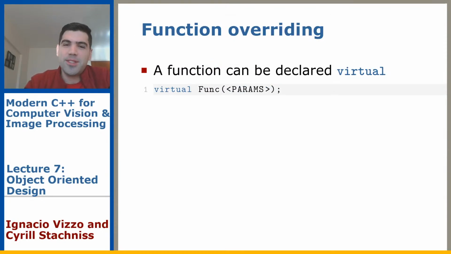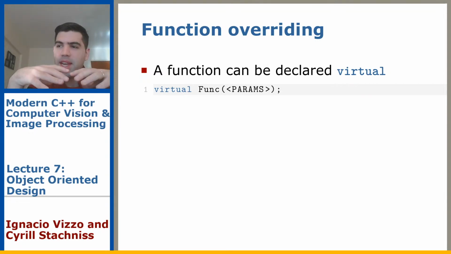What we just did is something that we call function overriding. And this is one of the most common mechanisms to provide functionality across base class and derived class. So any function can be declared virtual.